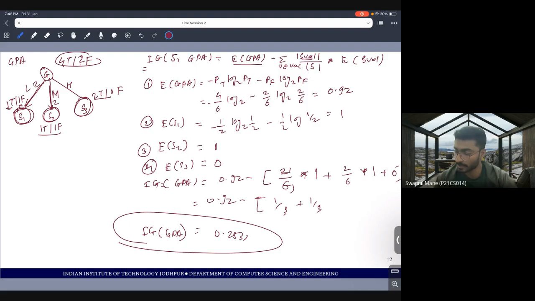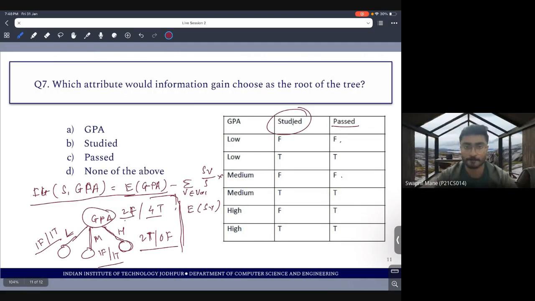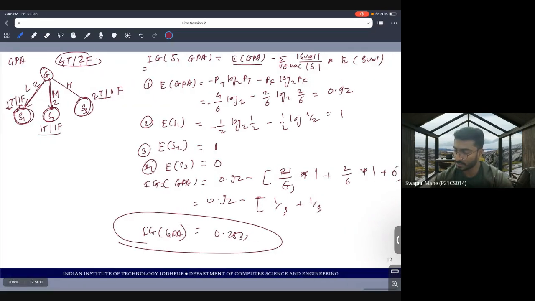Please try to calculate the information gain for studied. You may write this table and you can refer to these equations as well if you want.